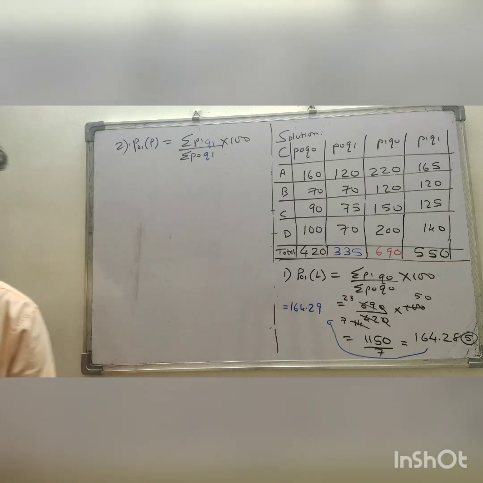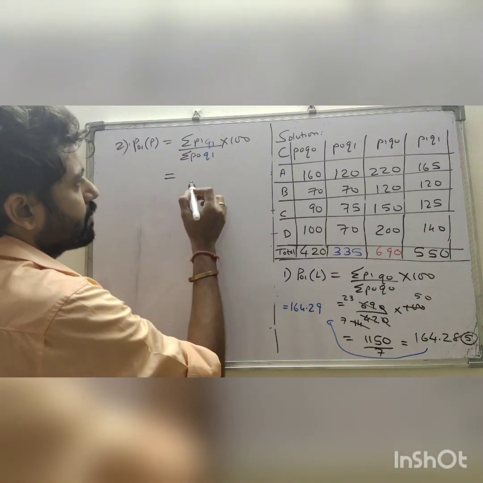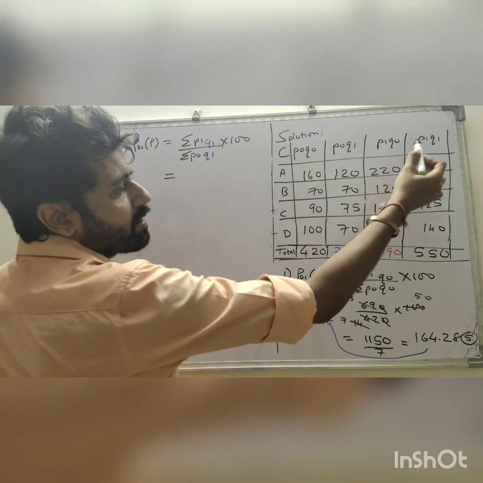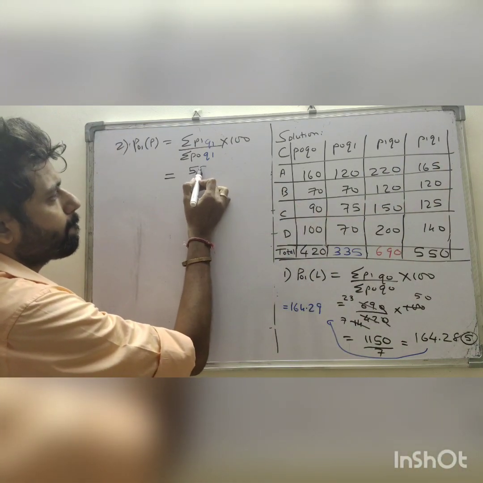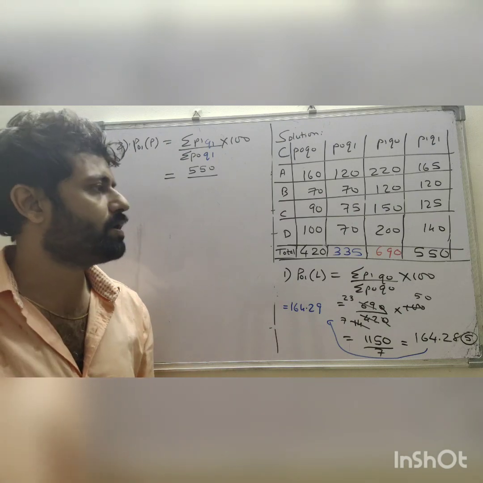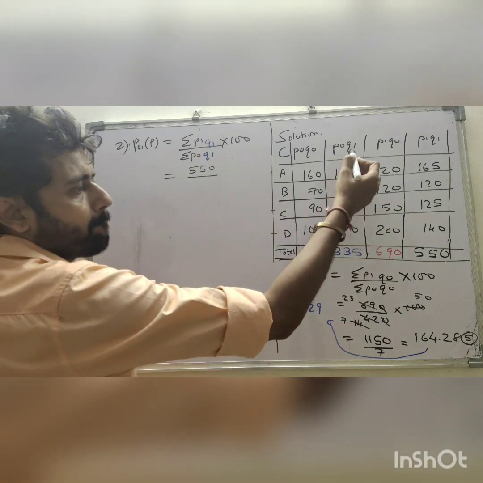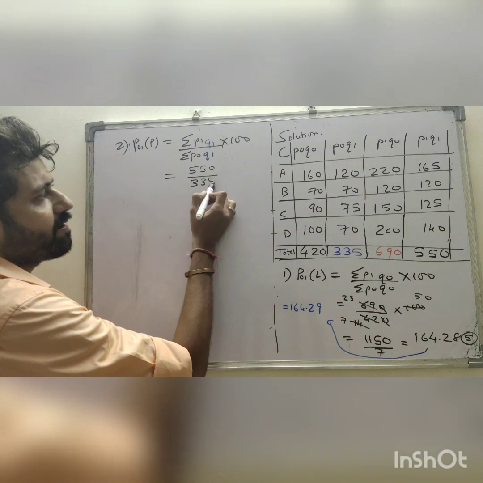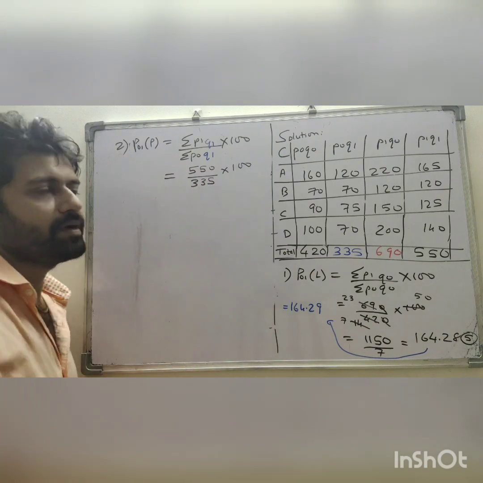Check carefully. Here, summation P1 Q1 is 550, upon summation P0 Q1, which is 335 into 100.